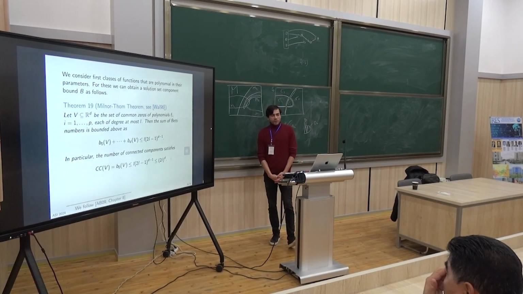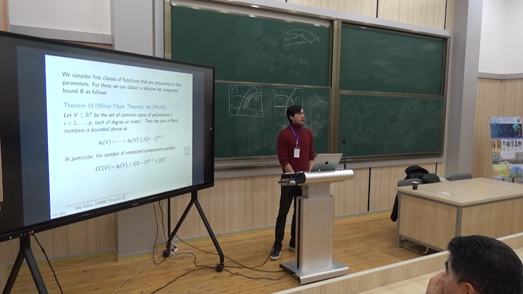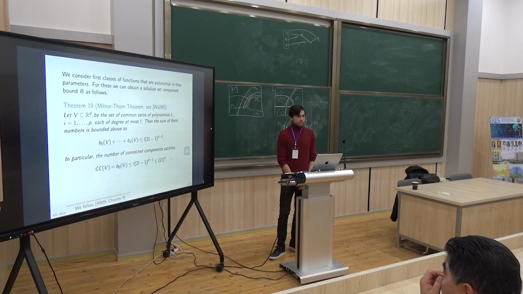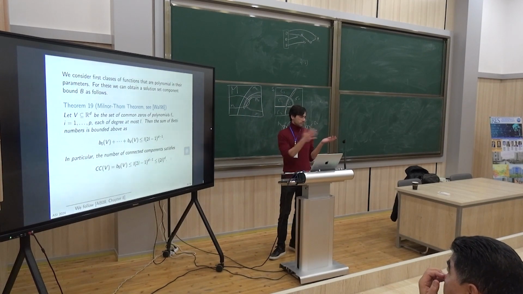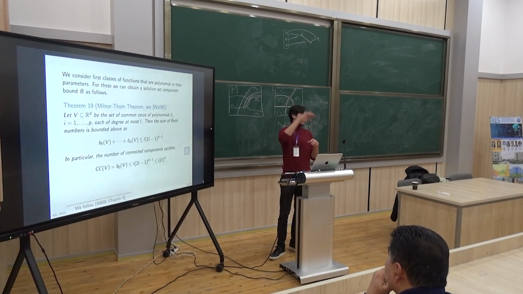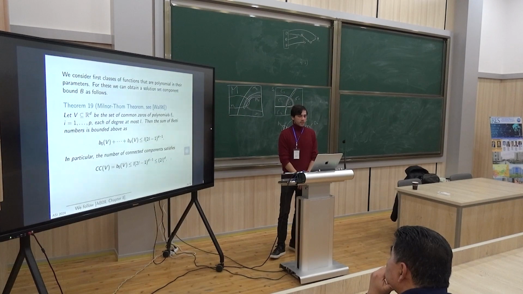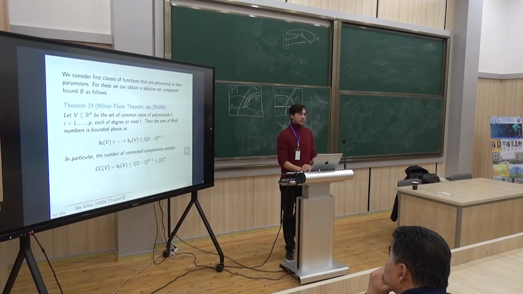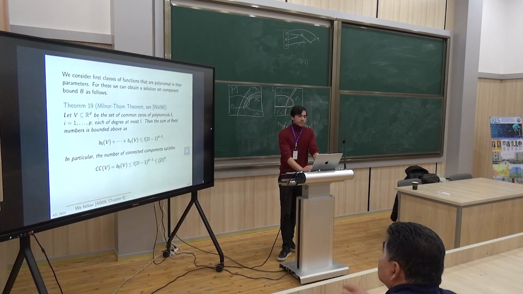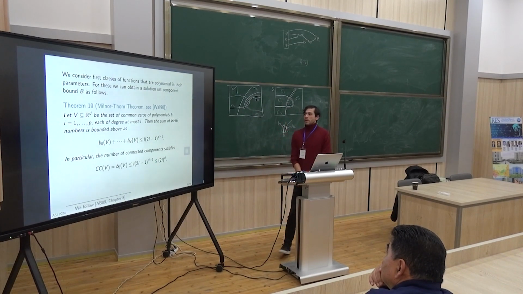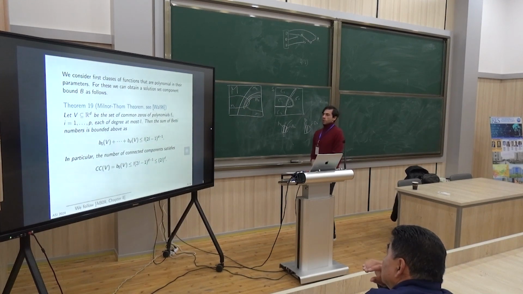And for this, we can obtain a solution set component bound, which is not terribly surprising because each of the functions is a polynomial. The zero set is the set of zeros of a polynomial. We start intersecting zero sets of polynomials, and for those there are very well established results. This is one of them, a theorem by Milnor and Thom, that says, let's say we consider P polynomials, f_i, and each of them has degree at most D. Then we can make a statement about the common zeros of these polynomials.